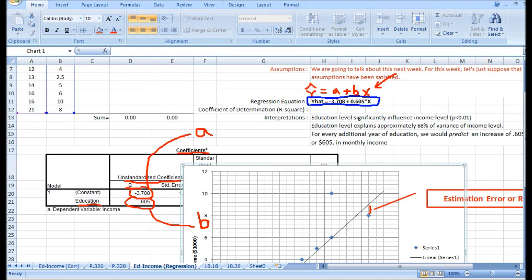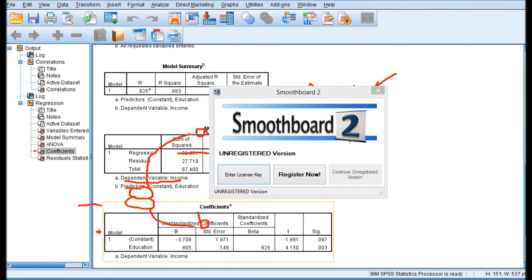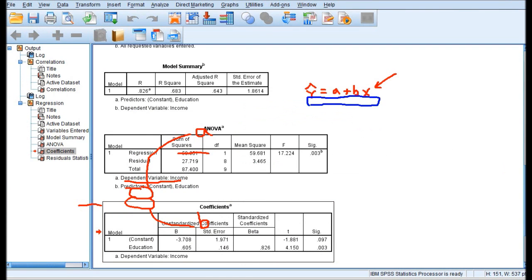There is one more piece of information we need to get from this SPSS output, the model summary table to be specific. Here you see the R square, which is 0.683.